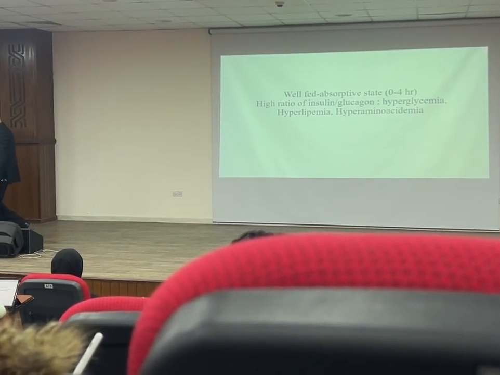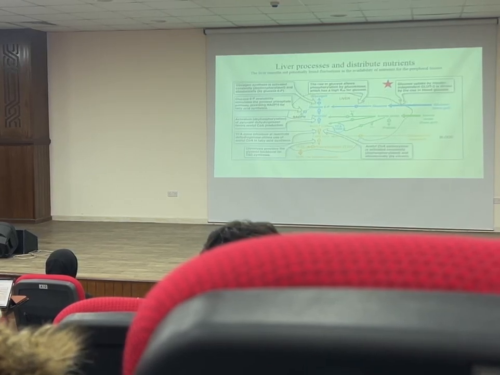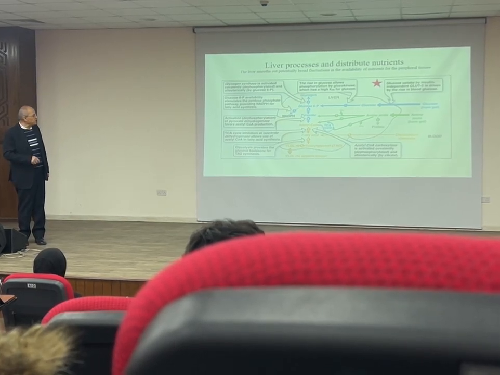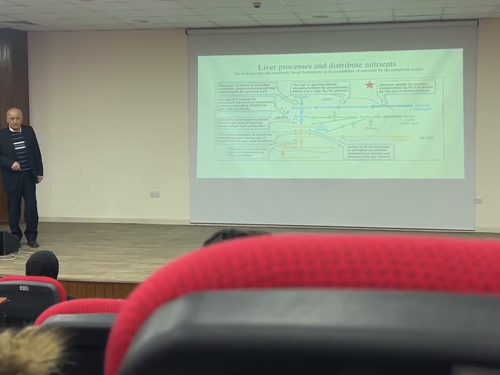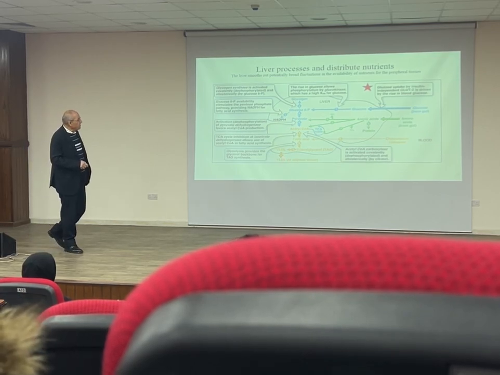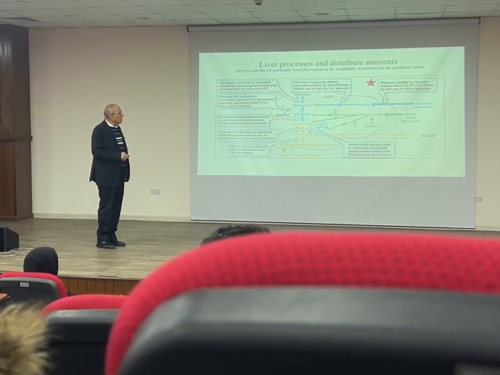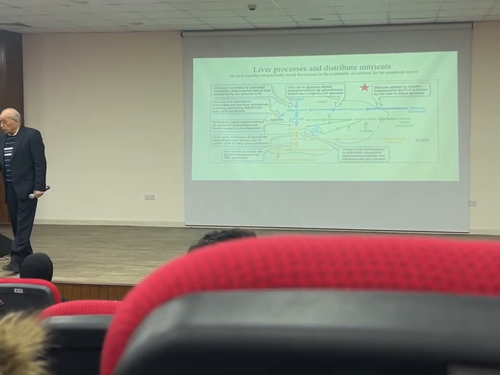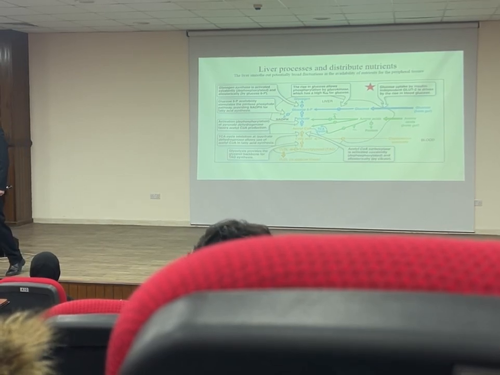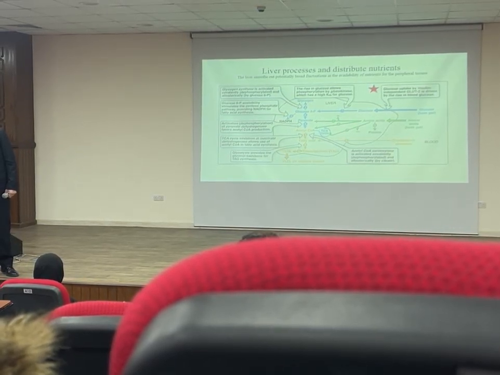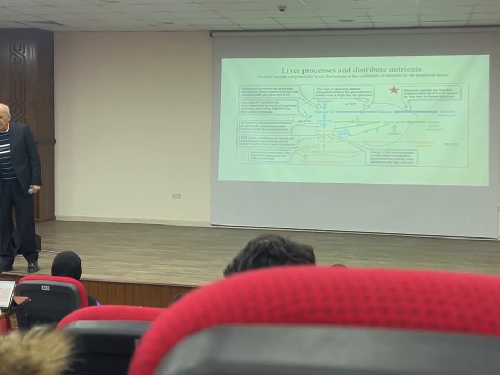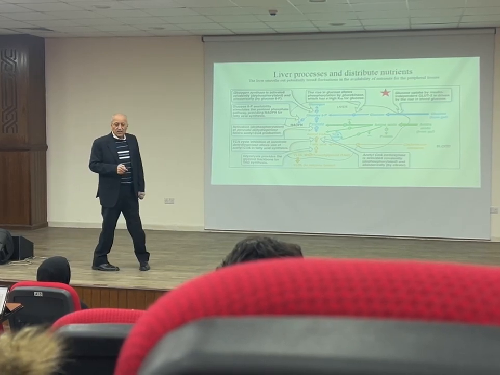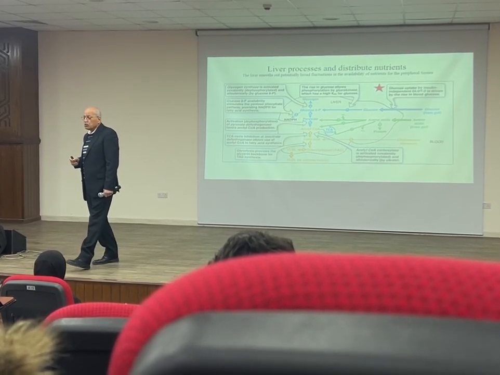What will happen at that time? This is what happens in the liver under the well-fed state. The first thing: glucose uptake in the tissues will be high in peripheral tissues, such as adipose tissue and muscle. In brain and liver, glucose uptake is insulin independent.